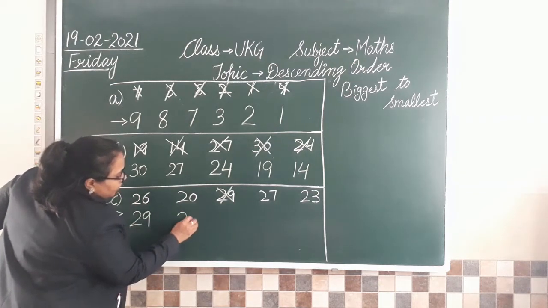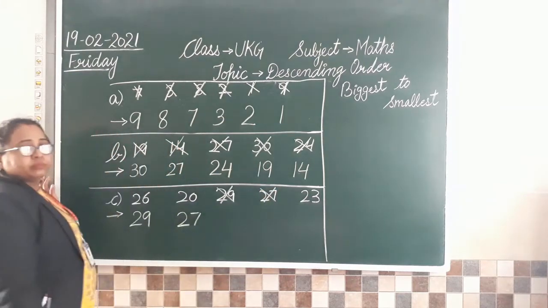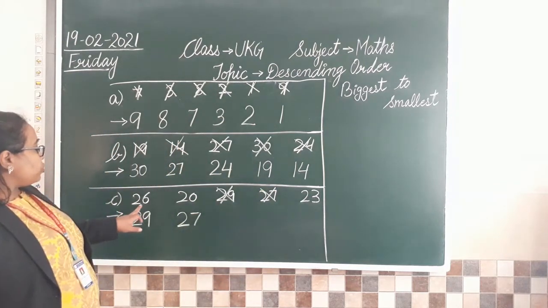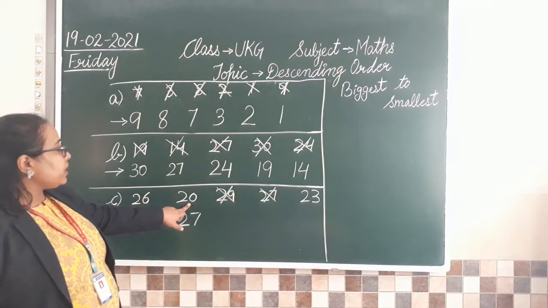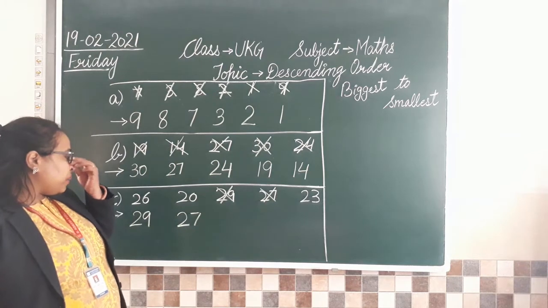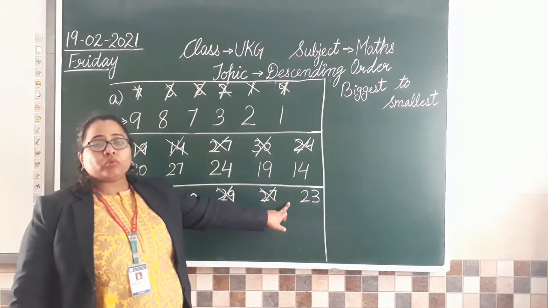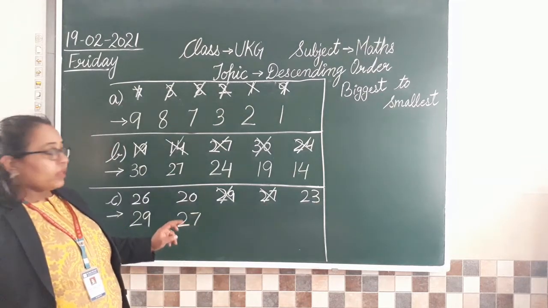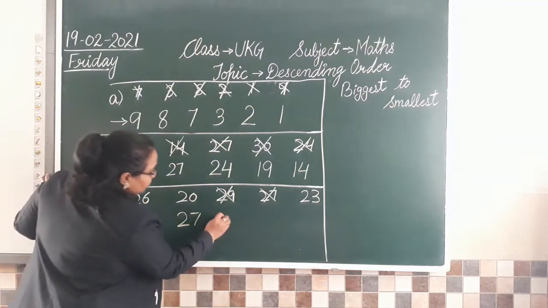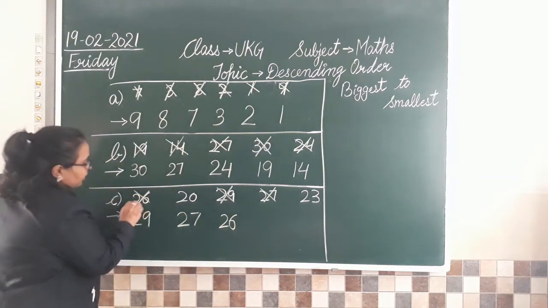So let's copy 27 and put cross here. Now we have 26, 20 and 23. So tell me which is the biggest? 26, 20, 23. 26 is the biggest. So copy 26, put a cross here.